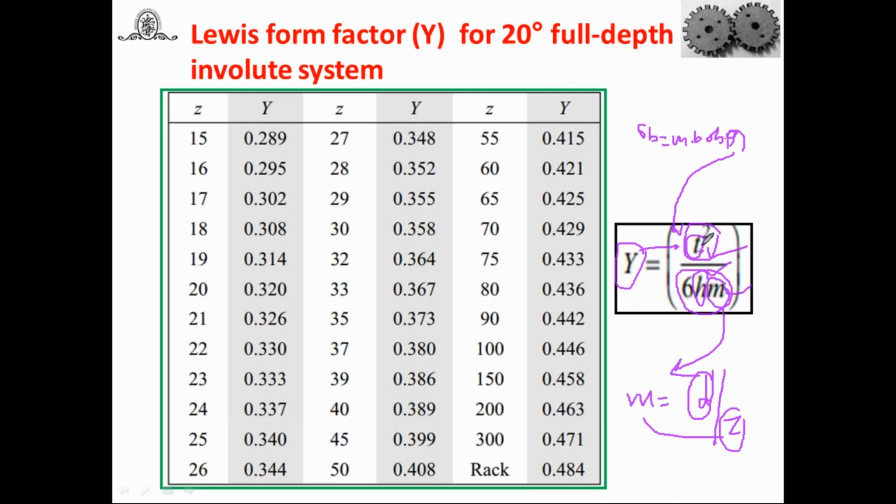As t changes, as h changes, as m or d changes, or z changes, this Y, the Lewis form factor, also changes. If anyone asks you what the Lewis form factor depends on, you should write this expression: t square upon 6 into h into m, and m is equal to d by z.